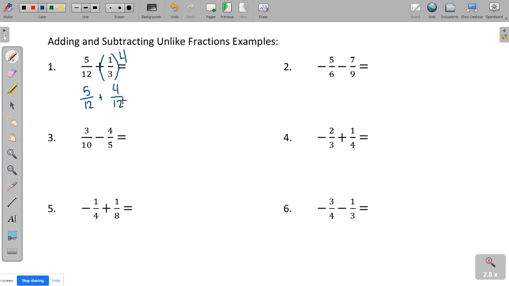Now we have a common denominator, so now we can add. So 5 plus 4 is 9. Keep our denominator of 12. Now, can we simplify this at all? Is there a number that divides into both 9 and 12? That is 3. So when we divide and simplify it, we get 3/4.